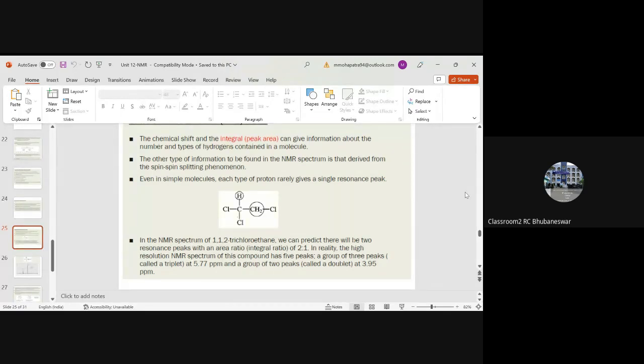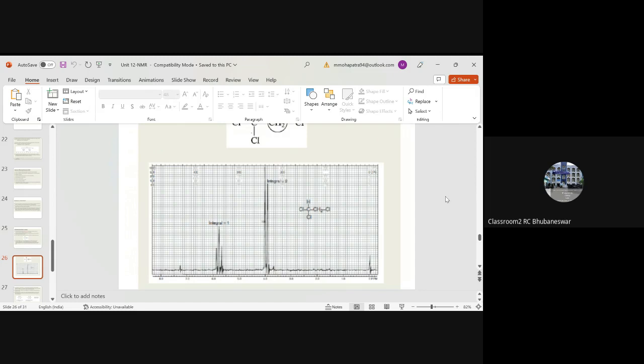If you look at this molecule and say I have two types of protons, then I can predict two signals. But where do the triplet, the three small peaks, and the two peaks come from? That is due to spin coupling.